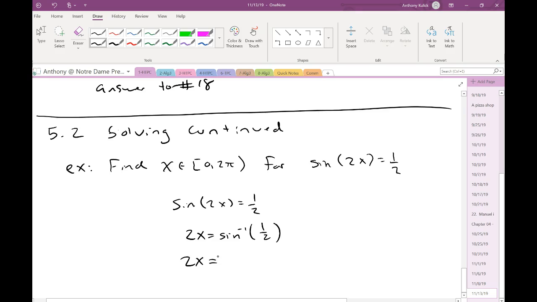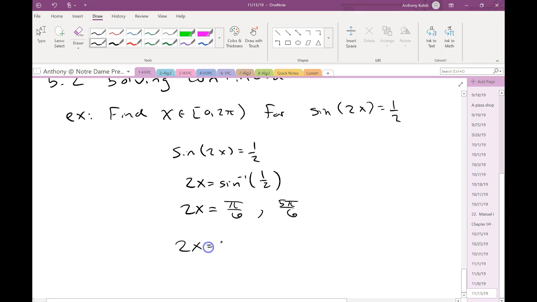And I'm going to go to my unit circle and locate the places where sine is equal to, or sine inverse gives me 1/2. Everybody's okay with that?